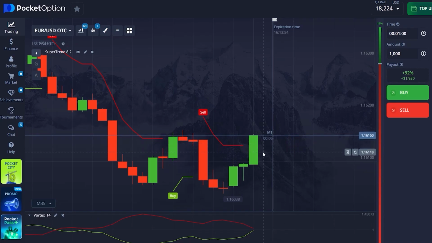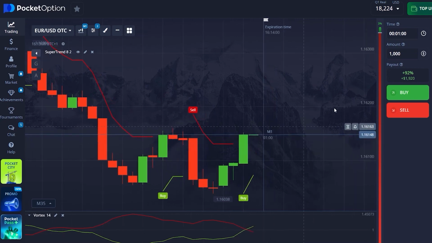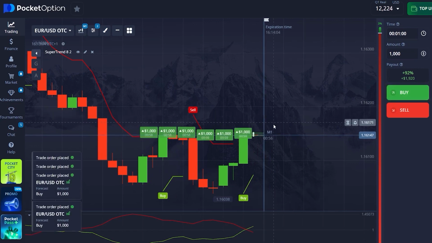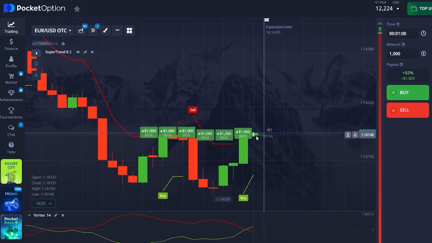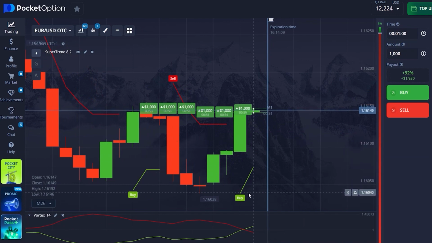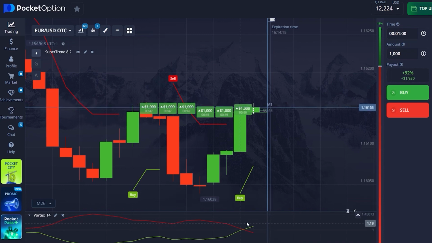So right here, I'm finding an opportunity for an upward direction. So I'm going to go for an upward opportunity. So another thing I also put into consideration is that my two indicators has to occur at pretty much the same time to give me a strong indication into the market.